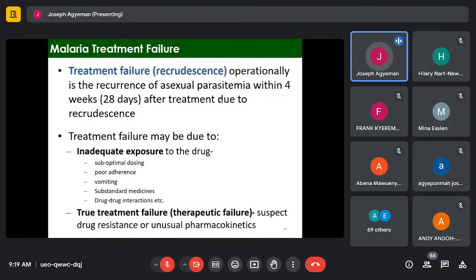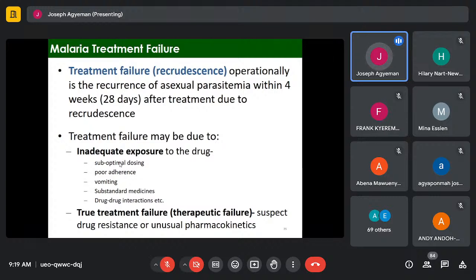This possibly could be due to several reasons. Some of them include inadequate exposure to the drug. Remember, this is chemotherapy, and successful treatment depends on reaching sufficient concentrations, that is therapeutic concentrations in the blood.